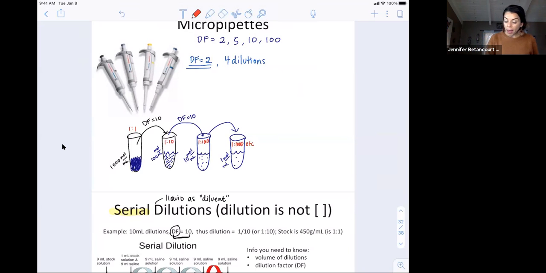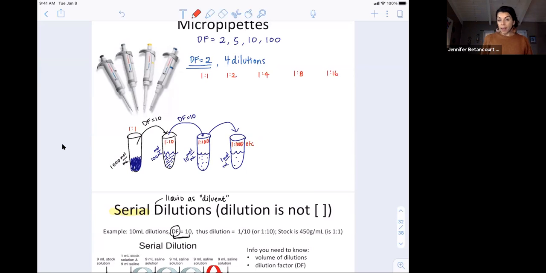So right off the bat, you know what the tube should be labeled for a DF of 2. So you'd have your stock, which would be 1 to 1. Your first dilution would be 1 to 2. Your next dilution would be 1 to 4. Then 1 to 8, and then 1 to 16.